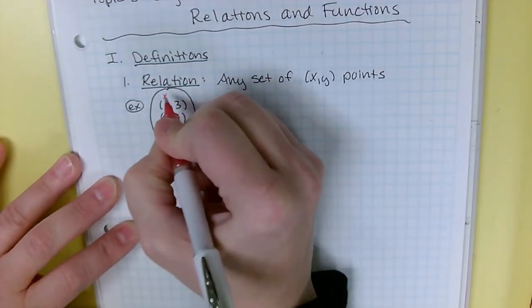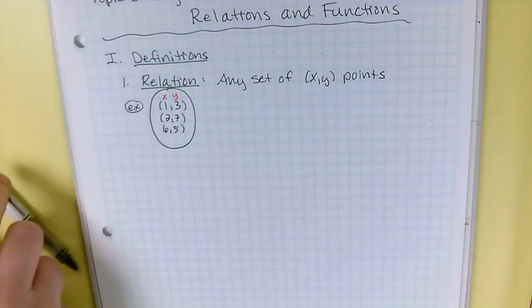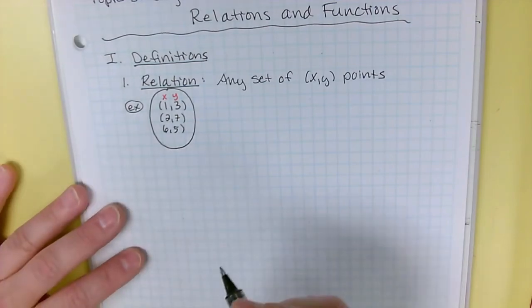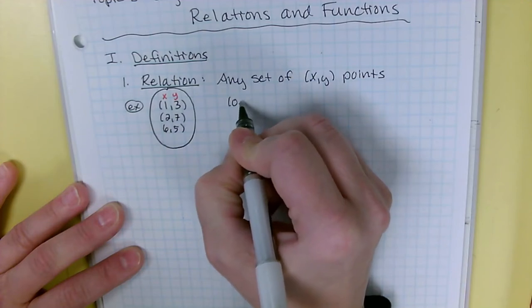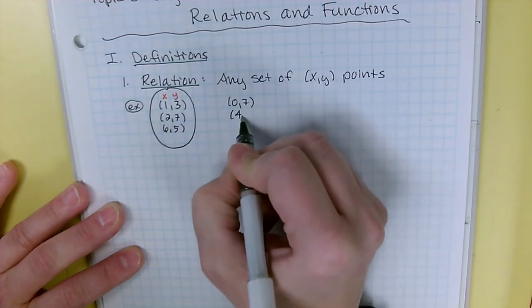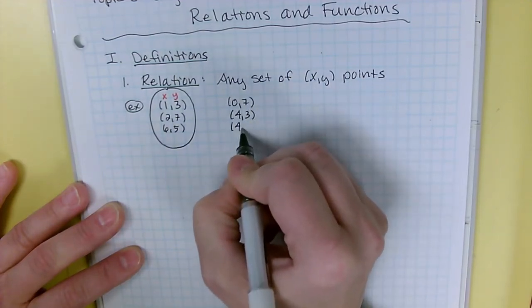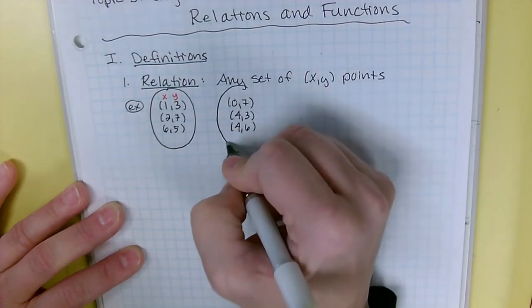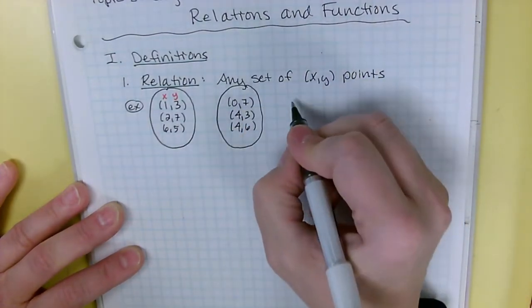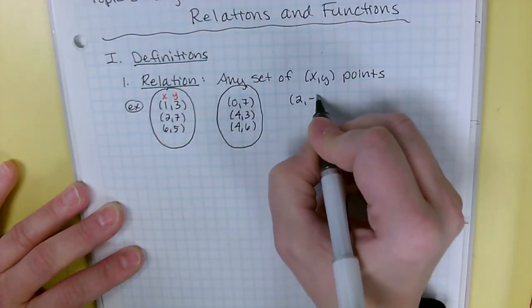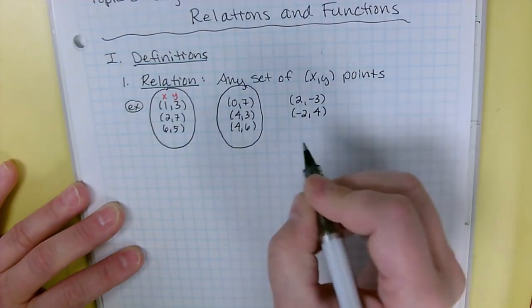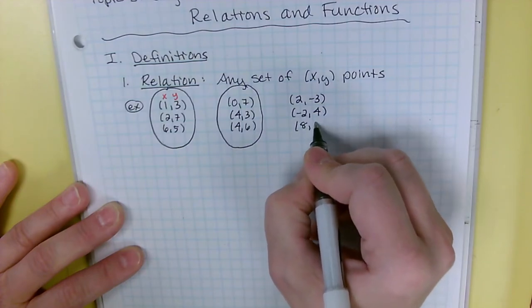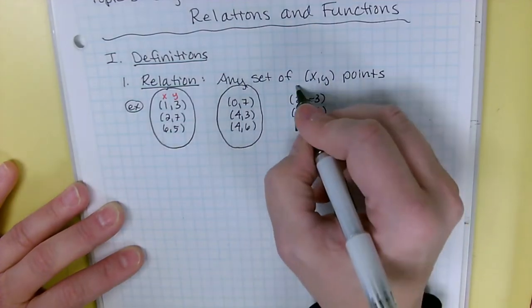The first term is X, the second term is Y, just like you've learned. So our second relation is going to be 0, 7, 4, 3, 4, 6. And our third relation is 2, negative 3, negative 2, 4, and 8, negative 3.